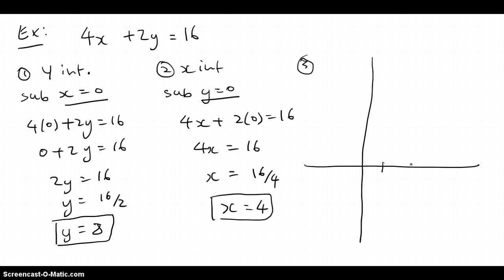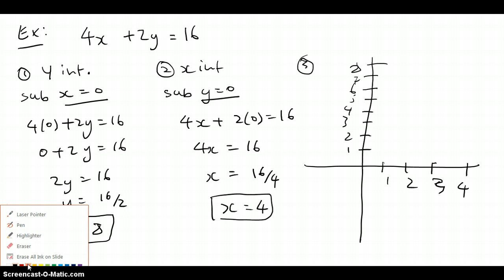So let's draw 1, 2, 3, 4 along the x-axis and 1 to 8 along the y-axis. Now, where is y is equal to 8? I'm going to count: y is equal to 1, 2, 3, 4, up to 8.